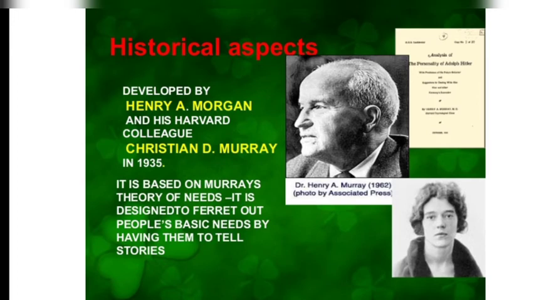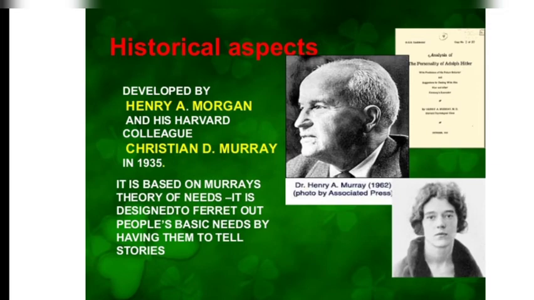The next test is by Henry Murray, which we are going to see. We'll understand the historical aspect. So we are looking at the Thematic Apperception Test, TAT. Historically, it was developed by Henry Murray and his Harvard colleague Christiana Morgan in 1935.